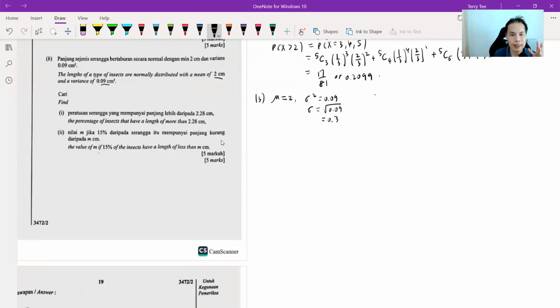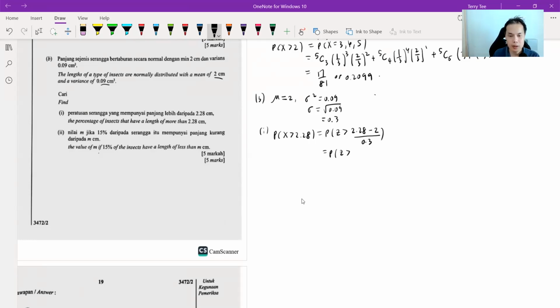Okay, you're supposed to find the percentage of insects with length more than 2.28. Okay, so we need to standardize. I remember from x to z, we have to take your x value minus your mu, which is 2, over standard deviation 0.3. Okay, so let's count.